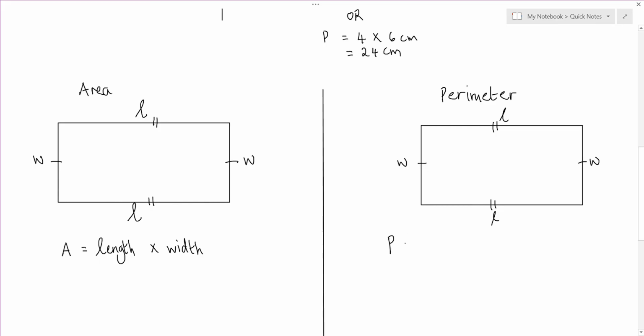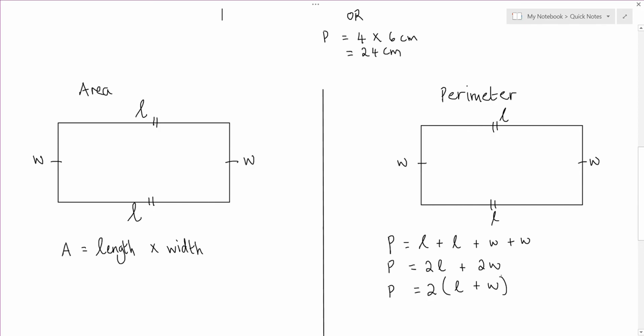I'm going to show you the different formulas that you would have at school. You'd either start by saying L plus L plus W plus W. So L plus L is 2L plus 2W, so two lengths plus two widths. Or you could have two lots of length plus width.